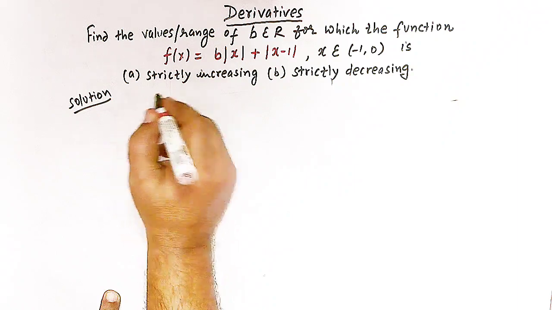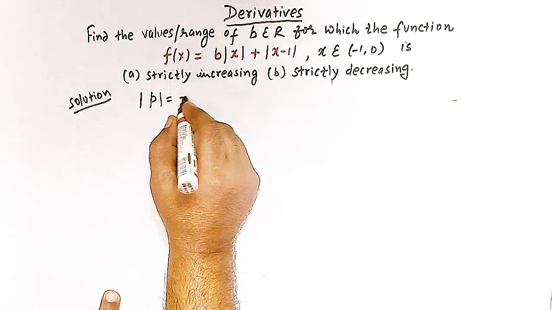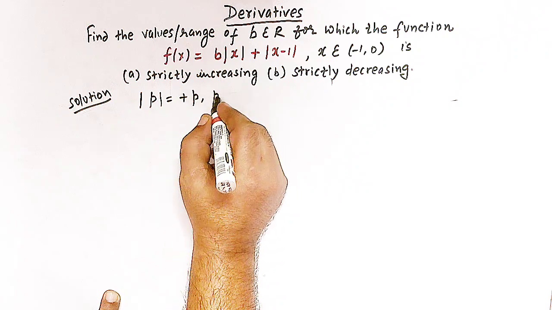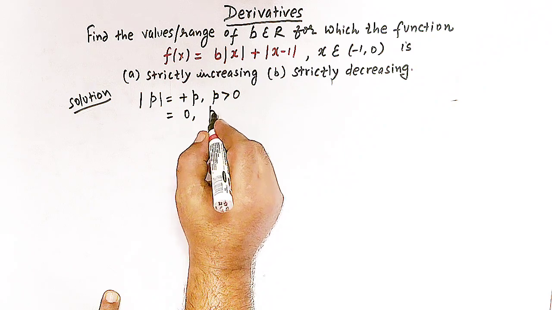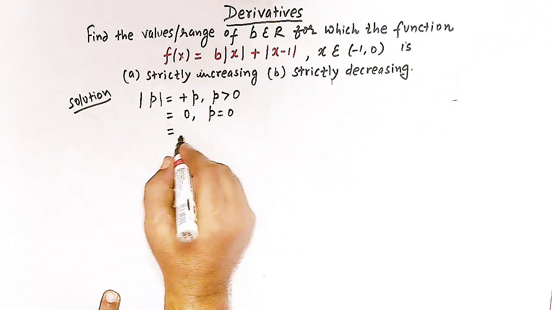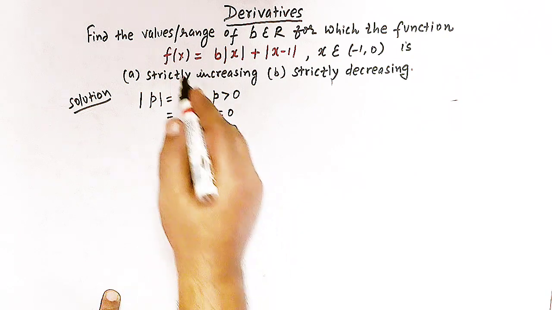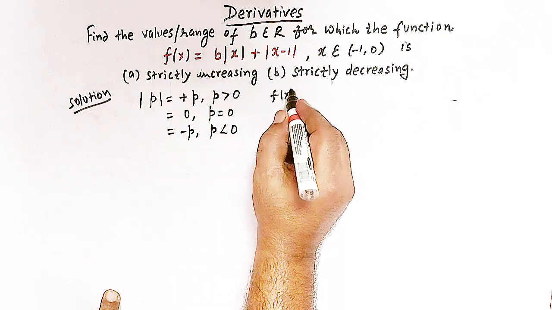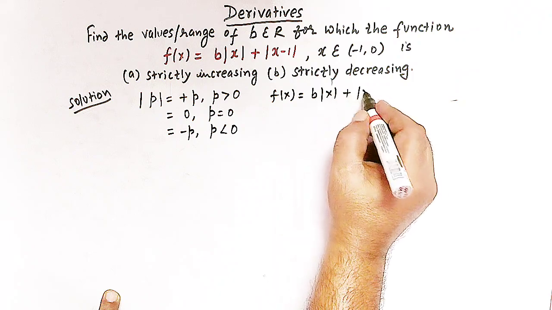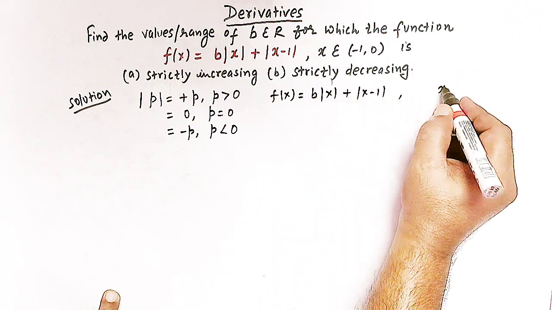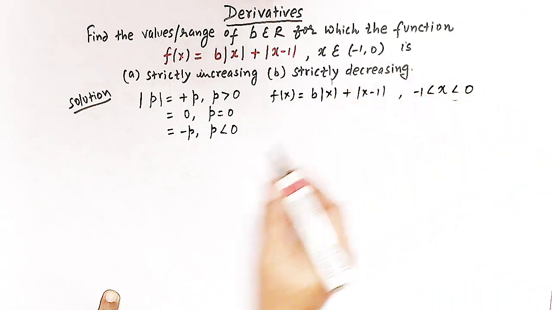We can define mod of p as positive p whenever p is greater than 0, mod of p is 0 whenever p is equal to 0, and mod of p is negative p when p is less than 0. And here we are given the function f of x, that is b times mod of x plus mod of x minus 1, where x lies between -1 and 0.